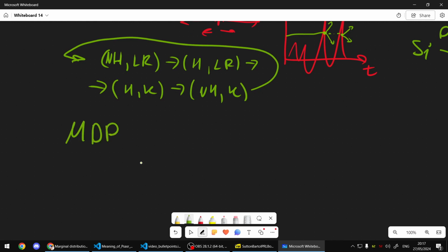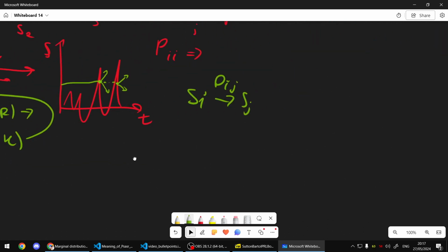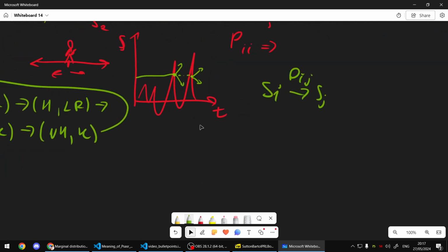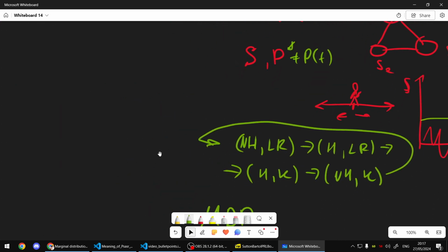For a Markov process we can draw a diagram, a very simple diagram: you have some kind of two nodes, Si and Sj, and the transition is governed by Pij.